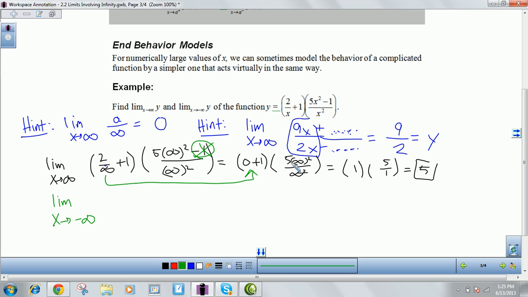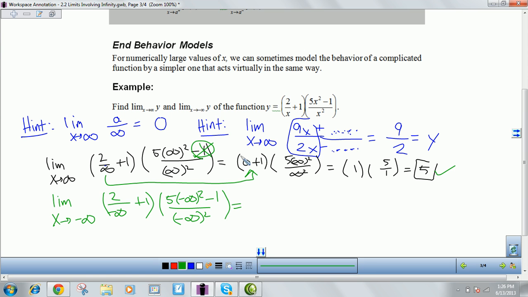Get rid of it. So just look at the 5 times infinity squared over the infinity squared. And remember, the infinity squareds, in a sense, cancel each other out. They grow at the same rate. So you would just have the 5 over 1. So you'd have, in this case, 1 times 5 over 1. Your limit's just 5. Go ahead and try that with the negative infinity if you haven't already, then come back to the video.